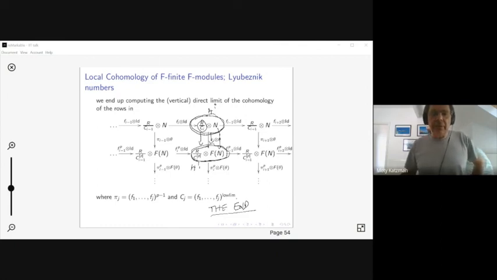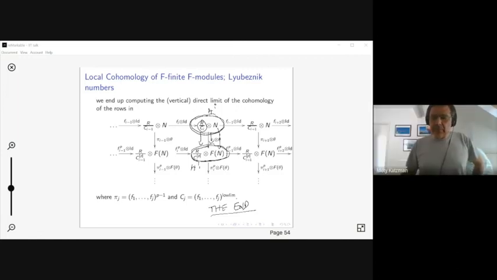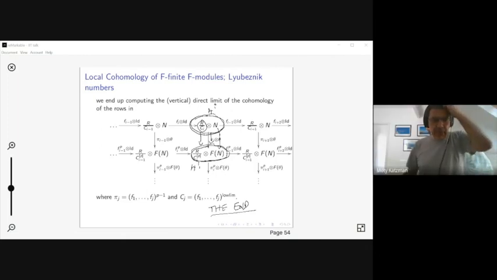So here's the ring. Now, these Lyubeznik numbers are defined in all characteristics, and the calculation here was done in characteristic 0 by Josep Montaner, by using some clever use of Mayer-Vietoris, multiple Mayer-Vietoris.